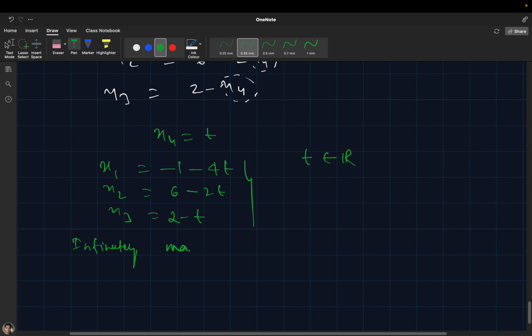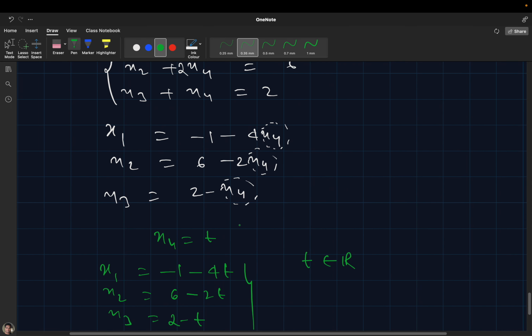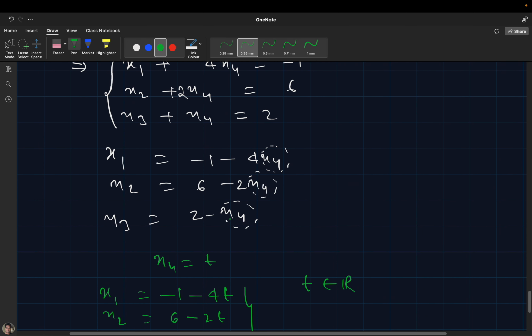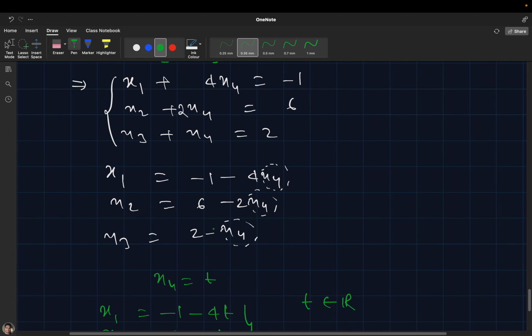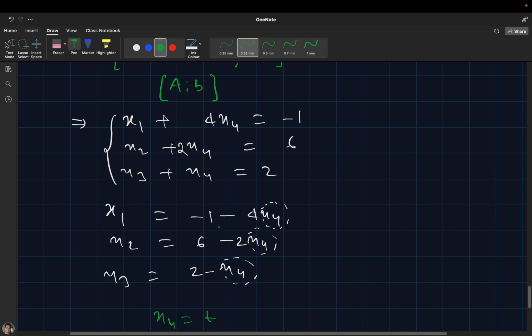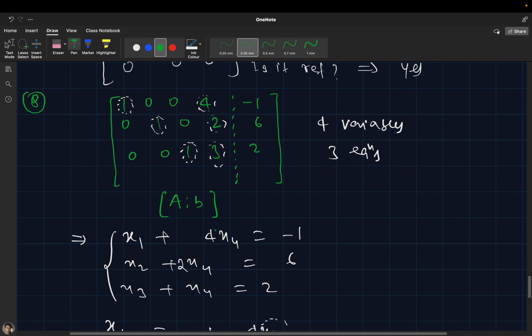Infinitely many solutions. So why? You can see clearly that you are able to separate all the variables and dummy variables. And why did it happen? Because you have changed the matrix into row reduced echelon form.